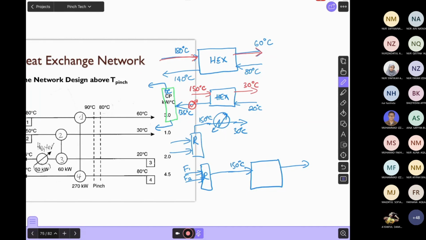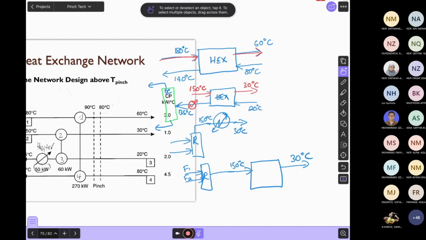This is the condition of the stream. Dan dia mesti keluar dalam keadaan 30 degree Celsius. Okay. Alright. So, paling mudah adalah untuk you nampak benda ni supaya you boleh apply cold the feed that you want to feed into the distillation column.